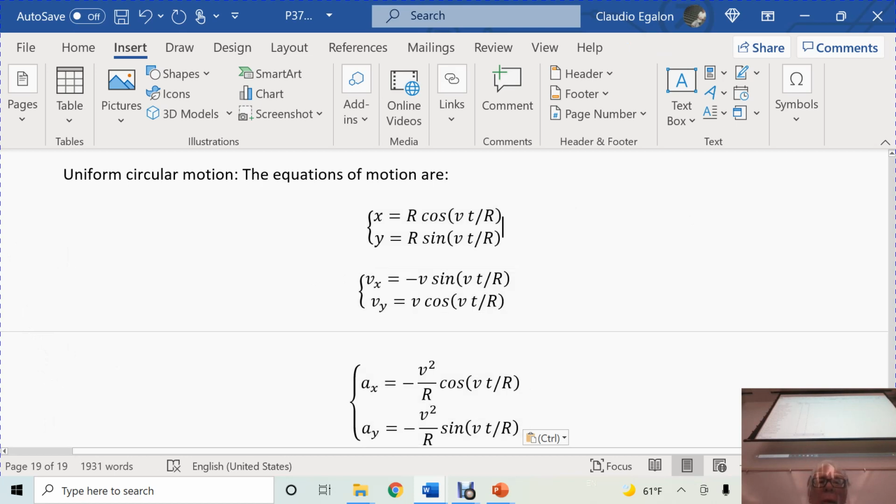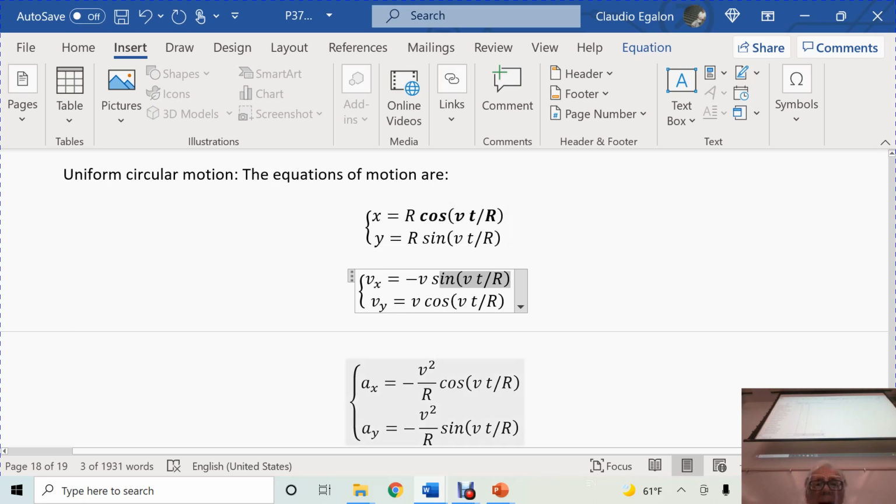Note that when you compare the x component of the position with the x component of the velocity, you have a cosine here. You do not have a cosine here, right? So the x component of the velocity is not proportional to the x component of the position. Make sense? Okay.